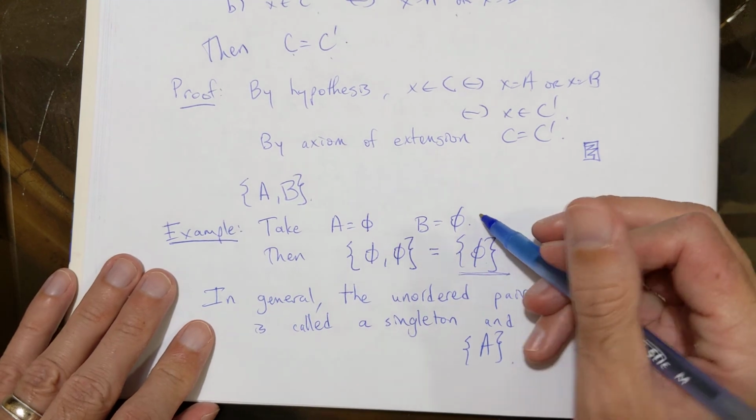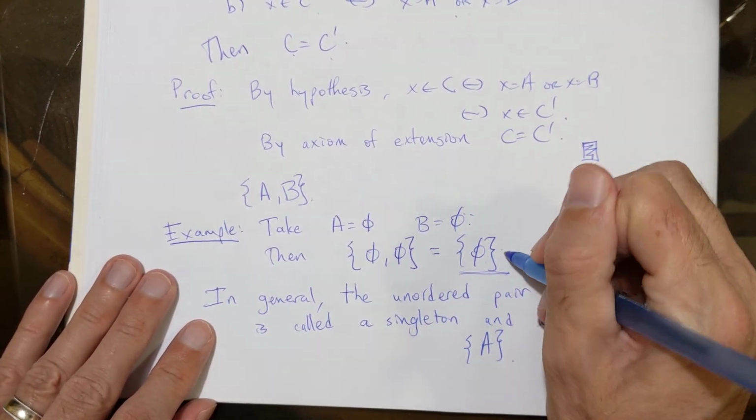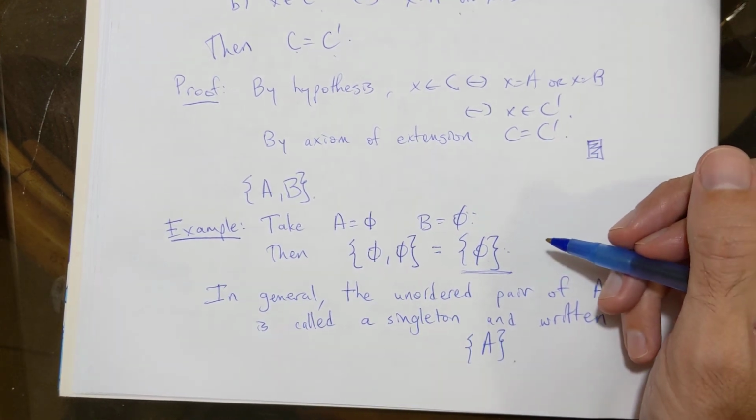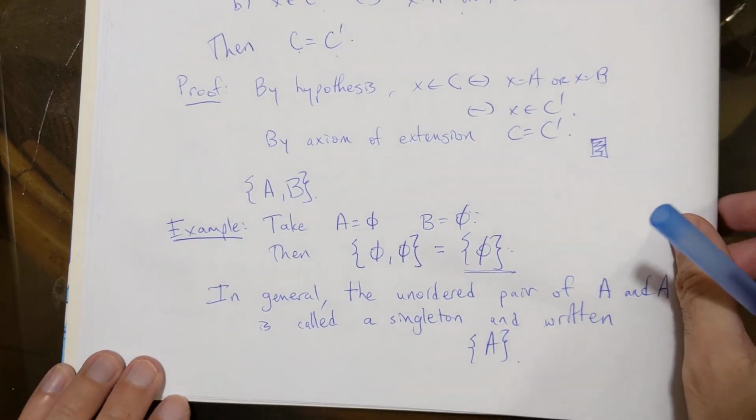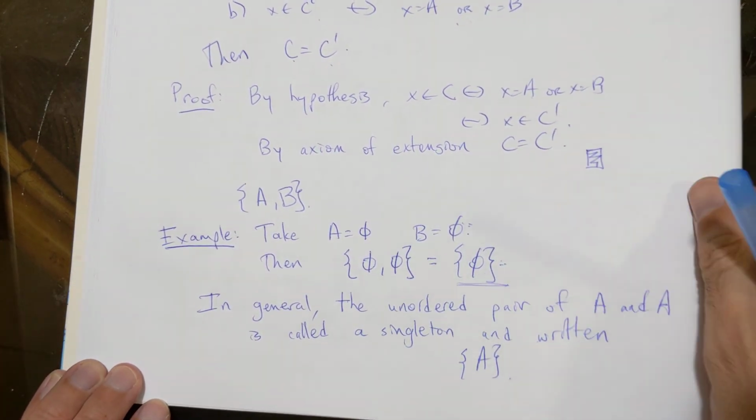Now, just from the axioms, we so far have constructed two sets. So let's construct another set. With this as one and this as the other, why not?